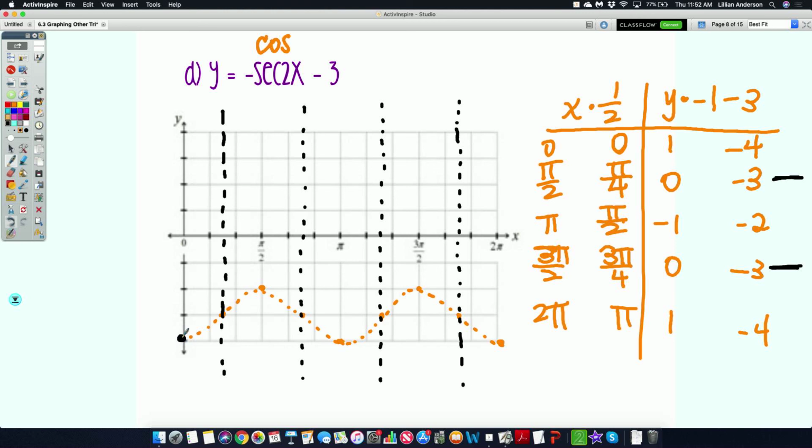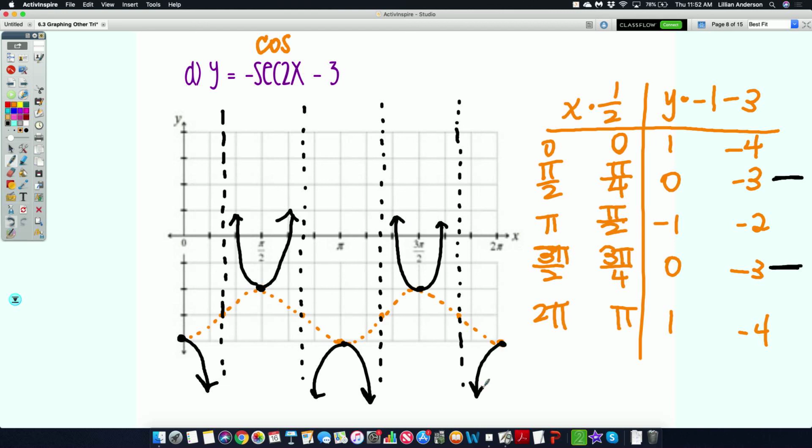I have a min here, so I have a parabola that points down, and only half of one. I have a max here, so I should have a parabola that points up. I have a min here, max, min, there's only half of one. And there you have your graph of negative secant 2x minus 3.